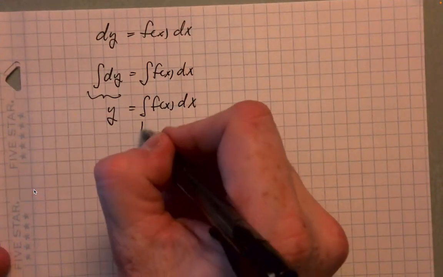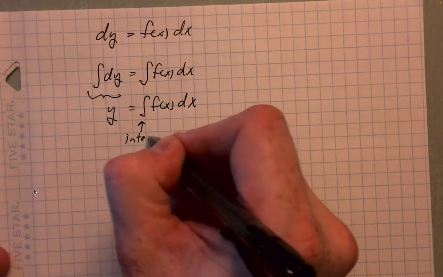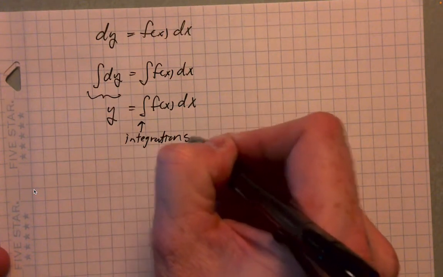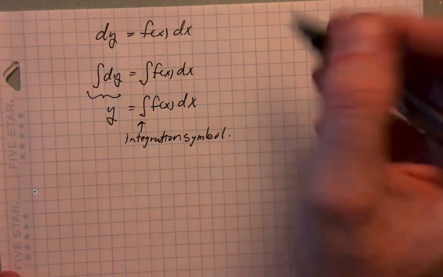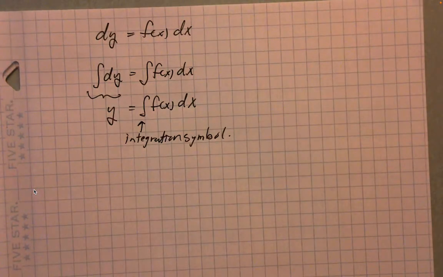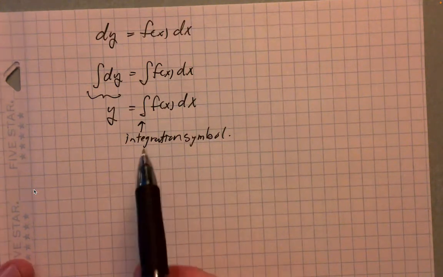So this is the integration symbol. It's kind of like a big L, actually, and I believe the origins of this notation are Leibniz, so named by Leibniz in honor of himself. So Leibniz is the origin here. So this is the idea.